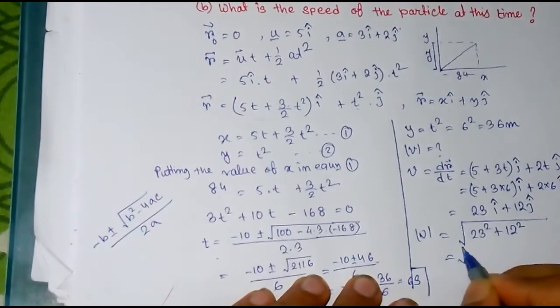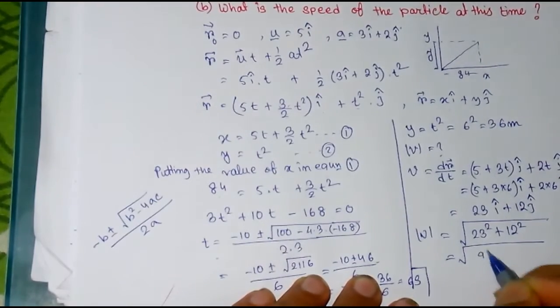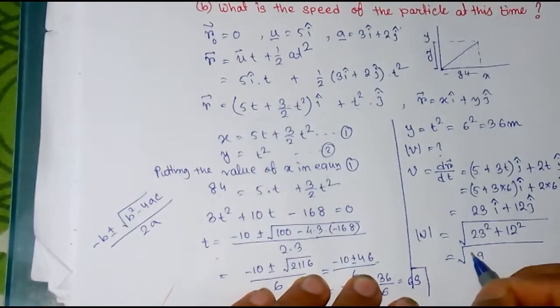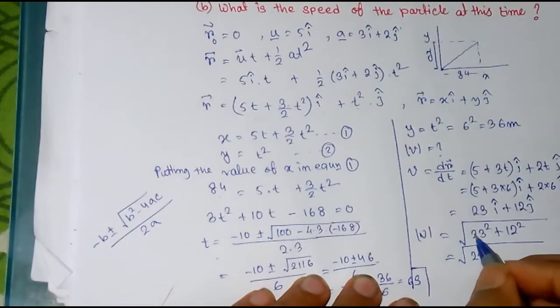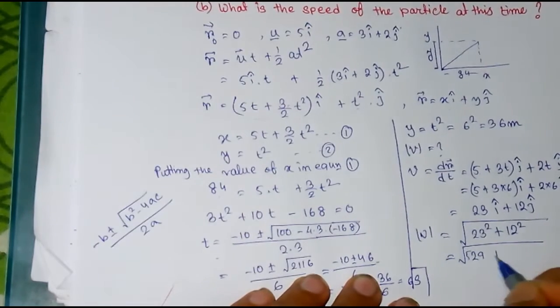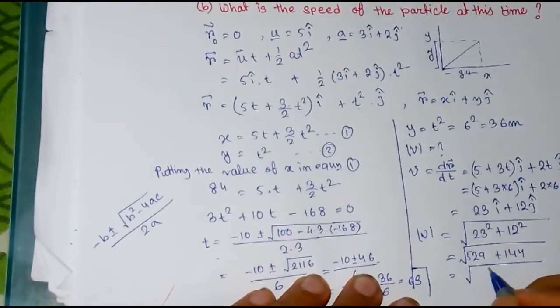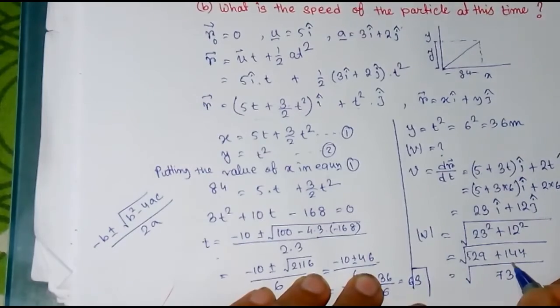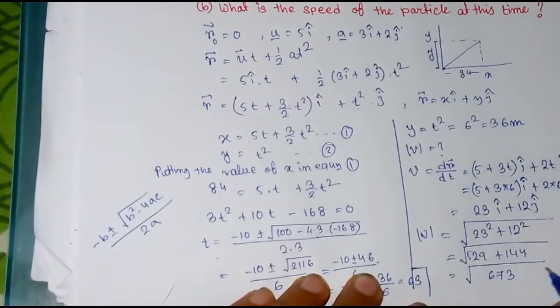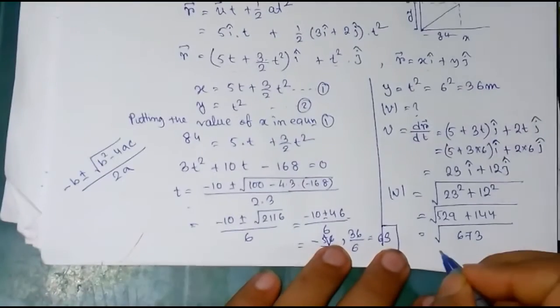So 23 square is 529, and 12 square is 144. If you add these, we get 673.